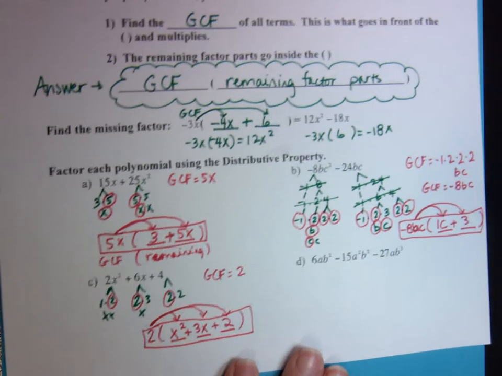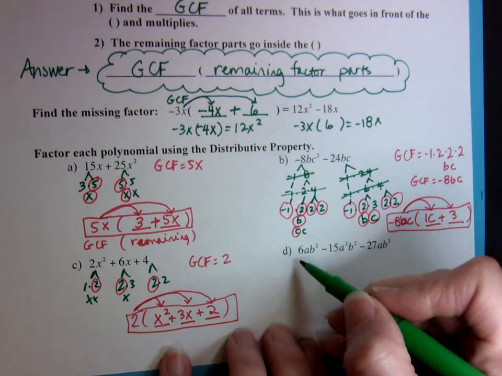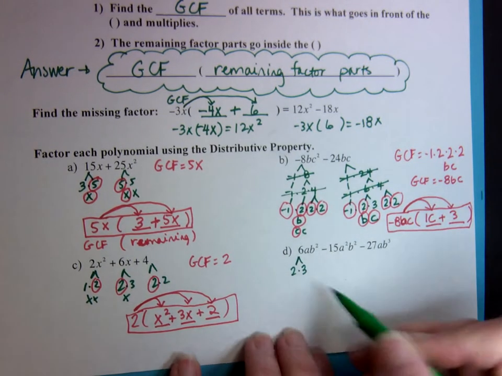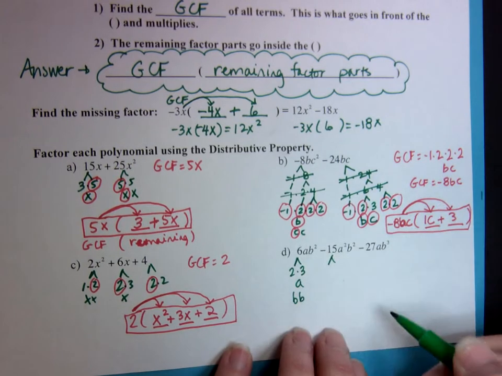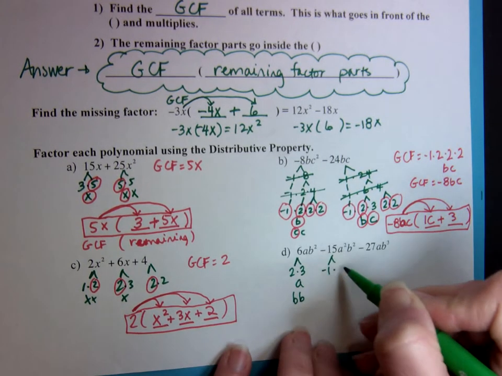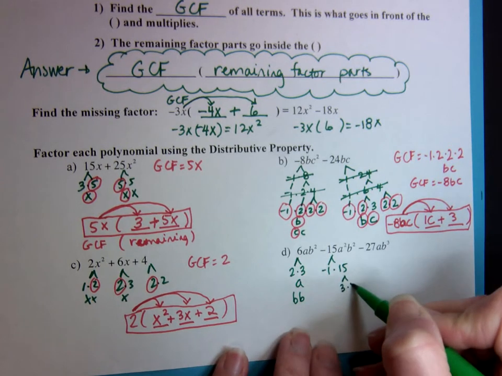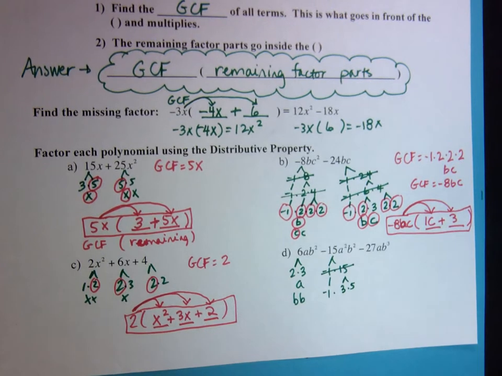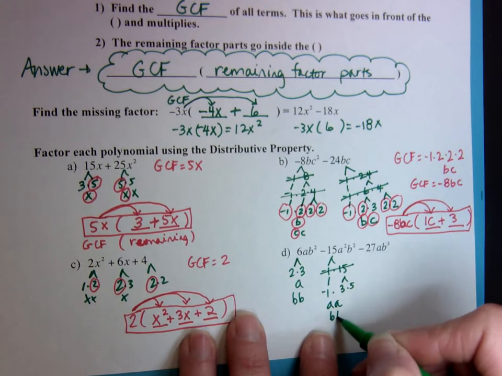All right, letter D. Let's get started on factoring these out with the factor tree. 2 times 3 for the 6, and then there's 1a and 2 b's. Negative 15, we start out with the negative 1. Then the 15 can break. We just need to remember to bring down that negative 1 and cross out that first level. And then we have 2 a's and 2 b's.